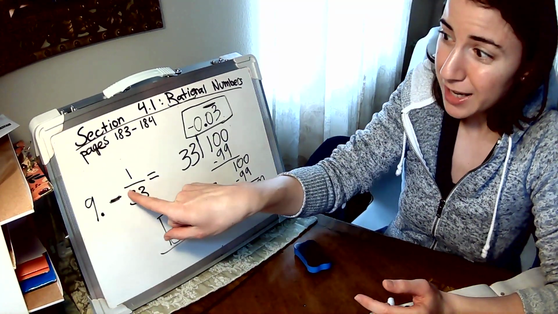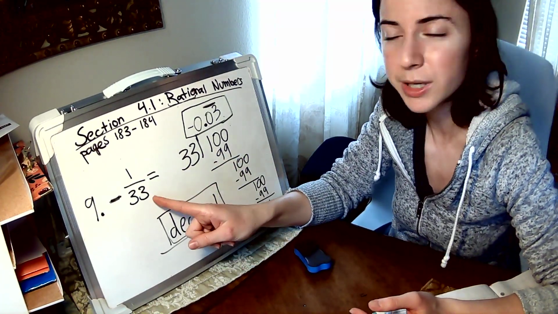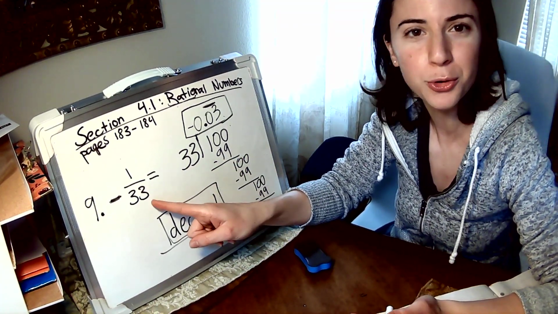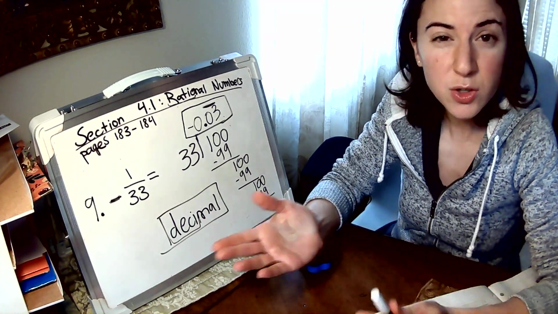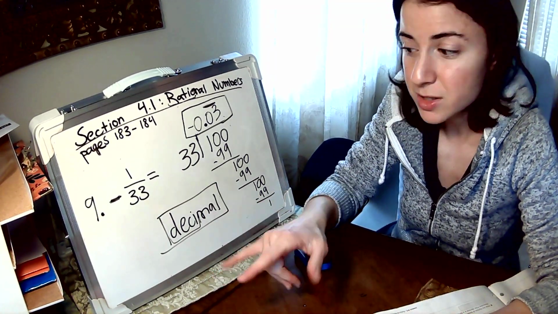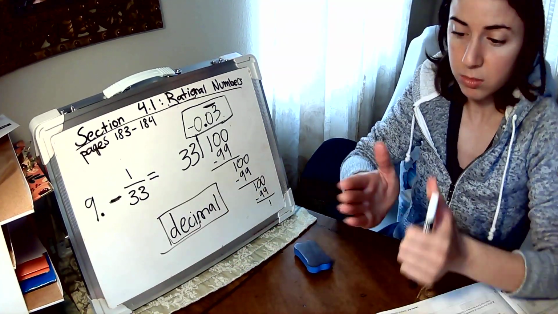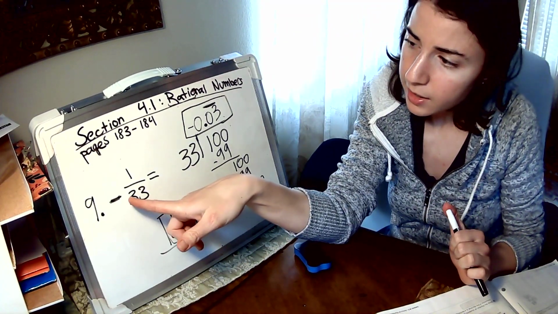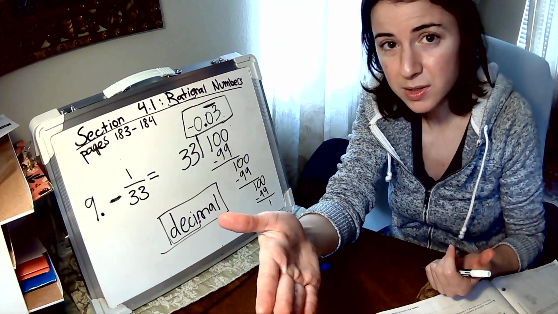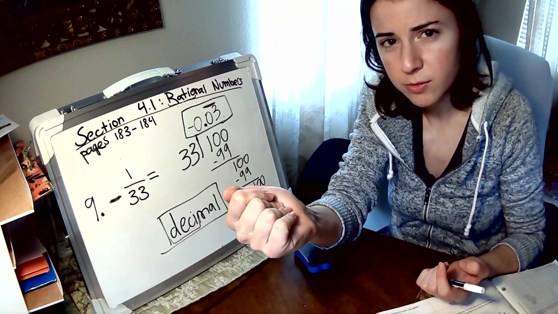A fraction can be cut into as many parts as I want. Like look at this one. It's 1 over 33, right? It's cut up into 33 parts. So that is really the main difference between a fraction and a decimal. One is cut up into 10 parts, and think of a number line, right? If it's cut up into 10, and fractions can be cut up into as many parts as you want. So just different versions of that.